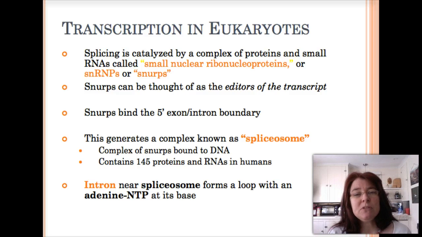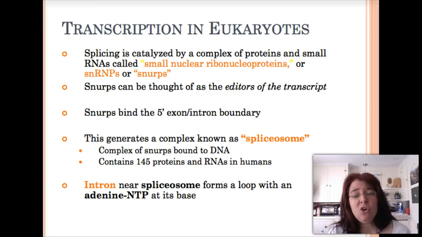Now, SNRPs can be thought of as sort of editors of the transcript or the immature form of the RNA molecule. The SNRPs are going to come in and they're going to bind at the boundary of exons and introns. This generates a complex that's referred to as a spliceosome.